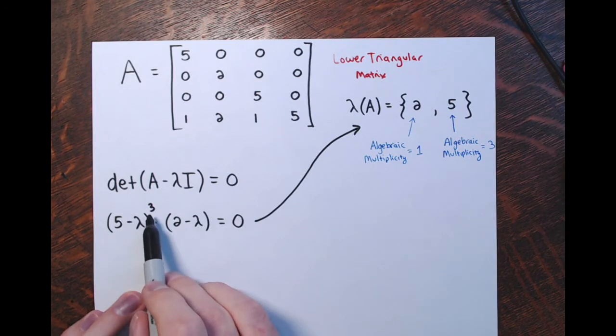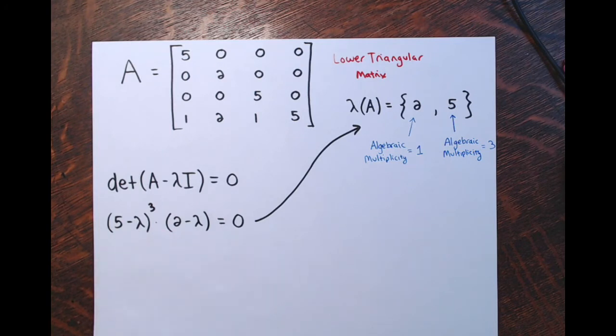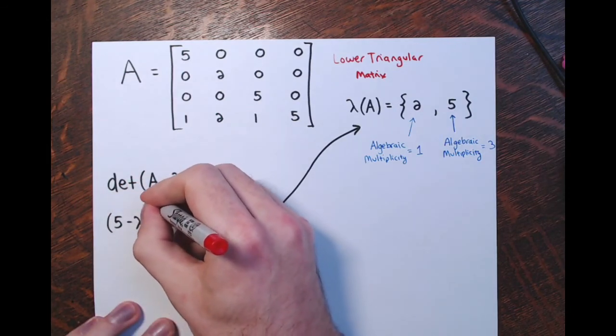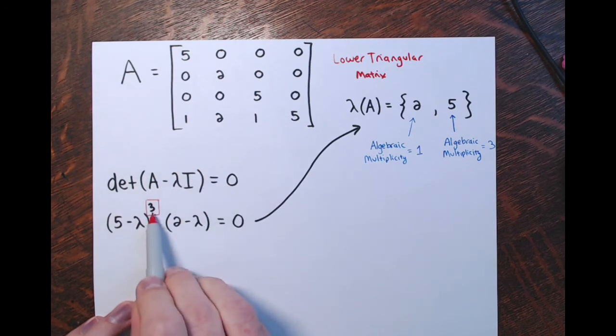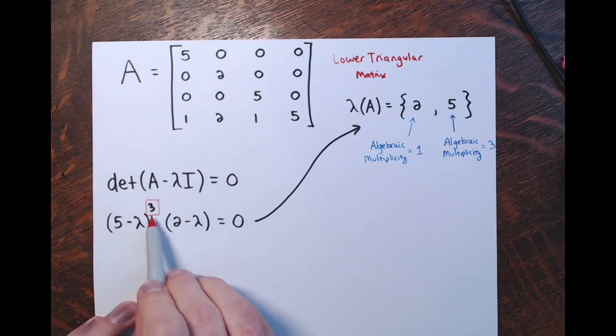And what they were saying in the zyBooks section was, when you factor the characteristic polynomial completely, just look at the powers. You see the power of 3 there on 5 minus lambda, so that means the eigenvalue lambda equals 5 has an algebraic multiplicity of 3.